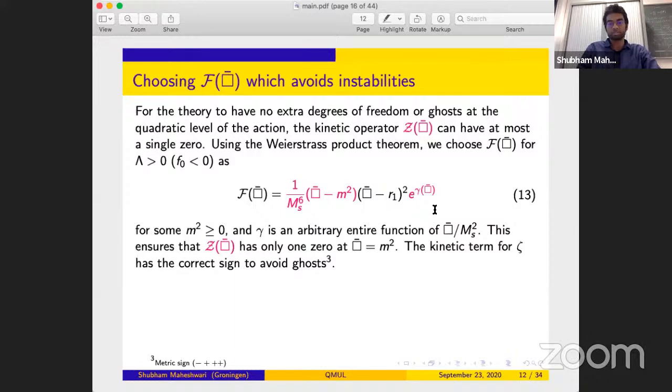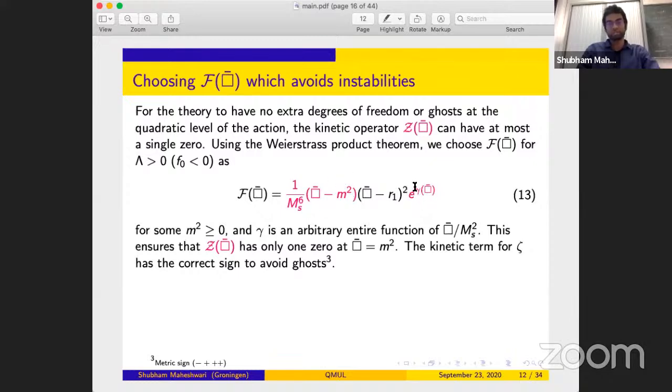The simplest entire function is just box itself, but otherwise it could be anything else. So the only zeros that you will get are given here in pink. If you choose z of box like this, box minus m squared times exponential of gamma of box, the only zero that you will get is at box equals m squared.